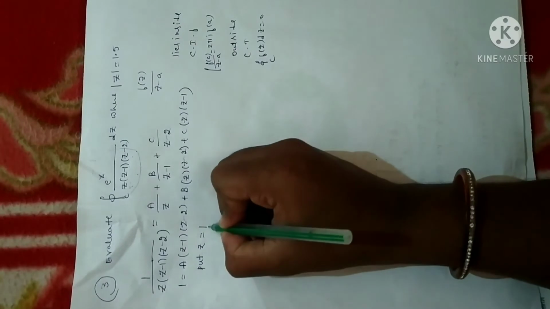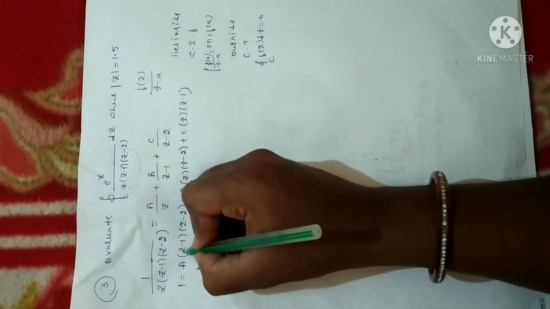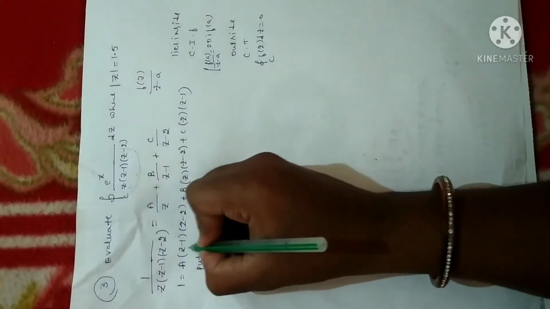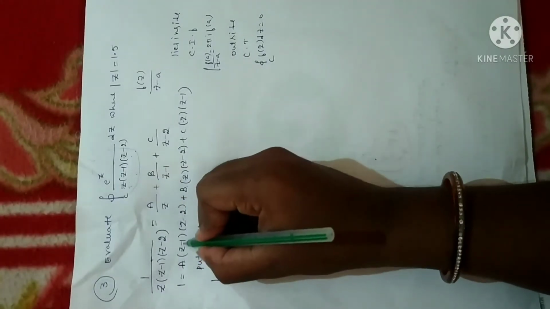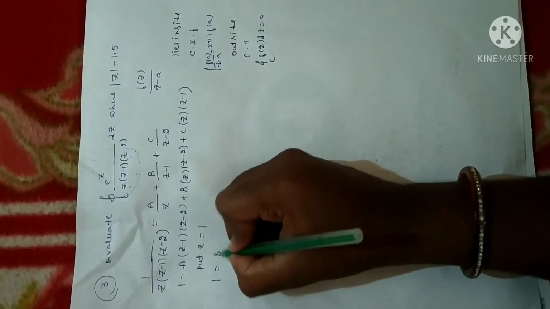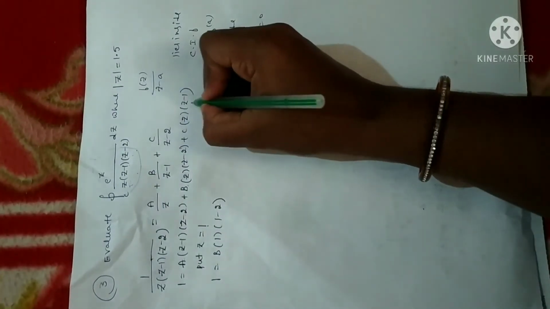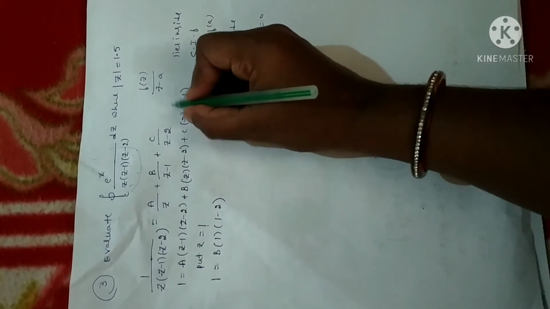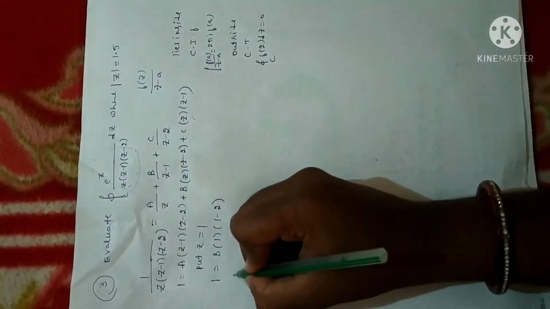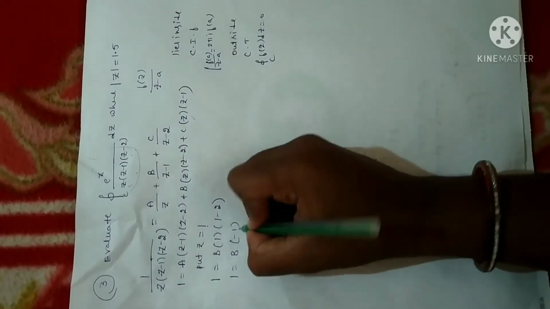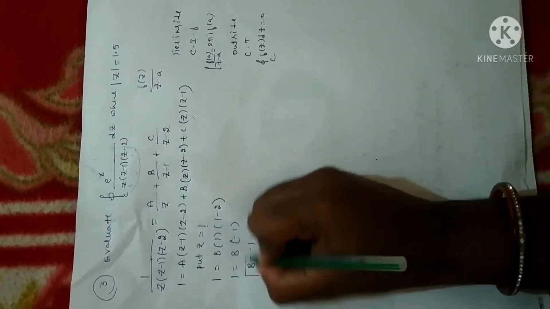Suppose you put z is equal to 1, the terms containing z minus 1 will cancel, and you will get b. So 1 is equal to b into 1 into (1 minus 2), since again when you substitute z as 1, 1 minus 1 will be 0, so the other terms will not be there. So only b is left, and 1 minus 2 is minus 1. So the value of b is minus 1.